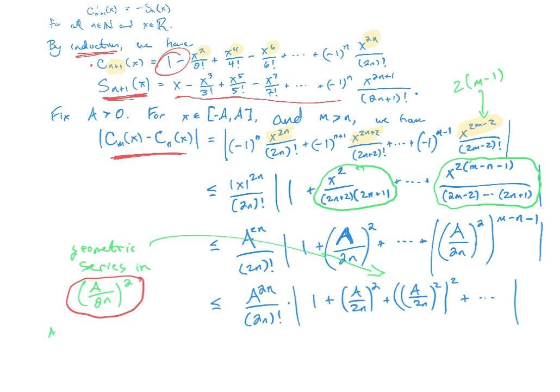So if we want a over 2n to be a half, then let's see. N would be 2a? No, n would be just a, right?